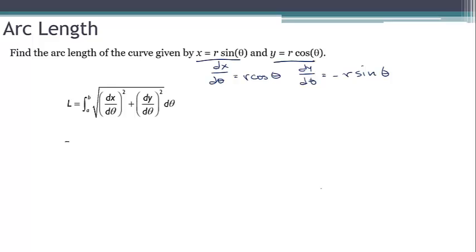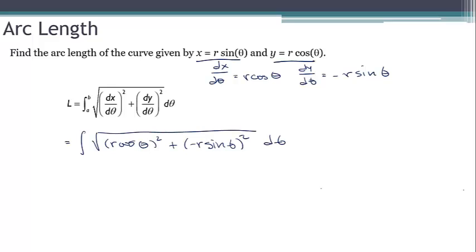Substituting those into our formula gives us the integral of the square root of (r cosine θ) squared plus (minus r sine θ) squared, dθ.